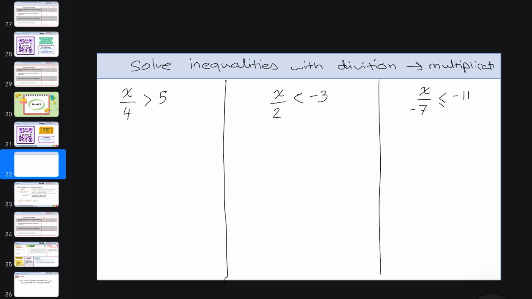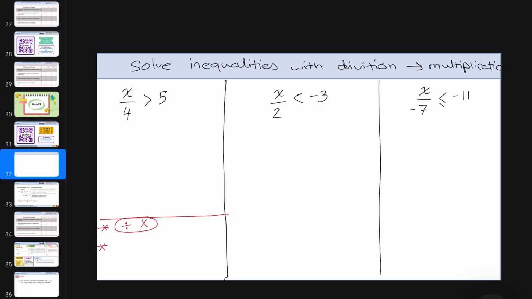This part of the lesson is very easy. Remember the rules, and the rules are very simple. To cancel the division we use multiplication, and to cancel multiplication we use division.